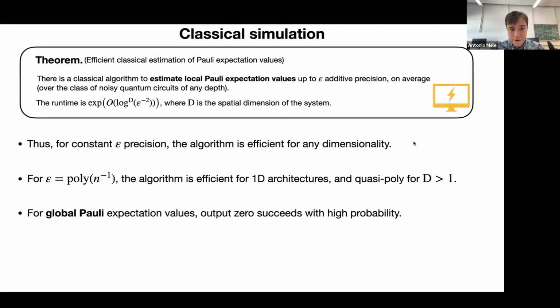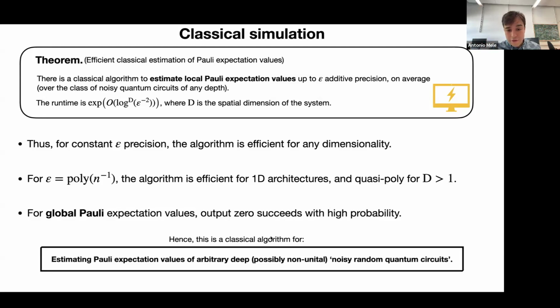Here I assumed a local Pauli to apply light cone arguments. However, if the Pauli is global, like X tensor n, there is no need to run any algorithm to simulate this kind of noisy circuit, since we have shown that most of these circuits will likely have the expectation value of a global Pauli exponentially suppressed in the Pauli weight. And so outputting 0 succeeds with high probability if the Pauli is global. So this is an algorithm for estimating Pauli expectation values of arbitrary-depth, possibly non-unital noisy random quantum circuits.